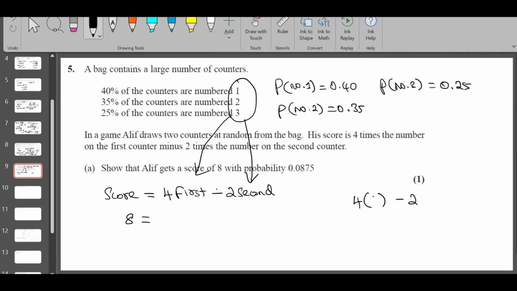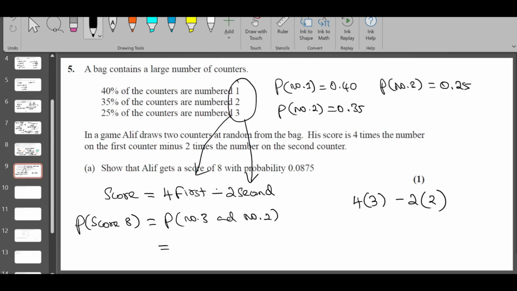Take it this way. You put 1, 1, you won't get 8. 1, 2, you won't get 8. Definitely the first number should be 3. So you'll get 12, minus 4, you get 8, right? So the probability of score 8 is equal to the probability of number 3 and number 2, right?